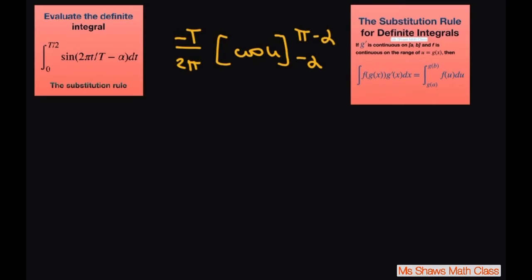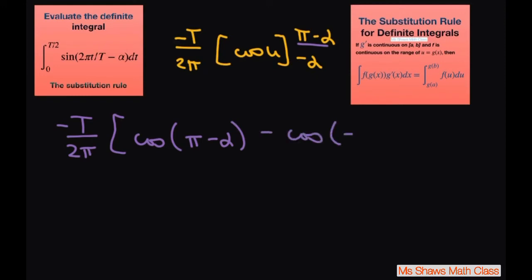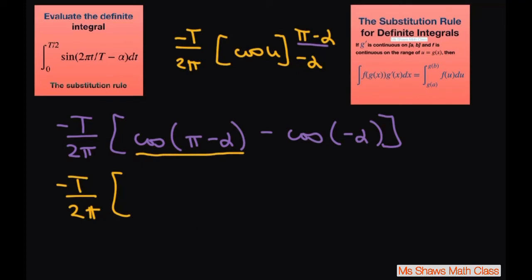Let's substitute and evaluate, always taking the upper limit first. This is cosine of pi minus alpha, minus cosine of negative alpha. This gives me negative T divided by 2 pi. Using our sum and difference formula, cosine of pi minus alpha gives you negative cosine of alpha.